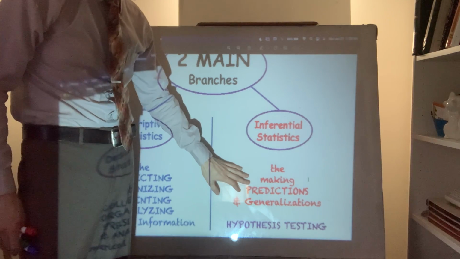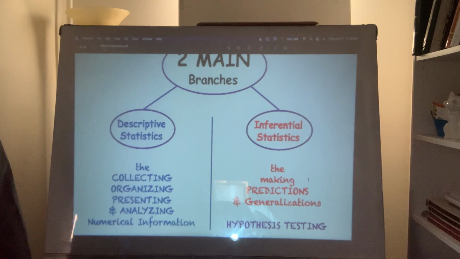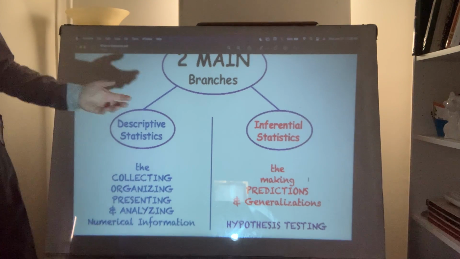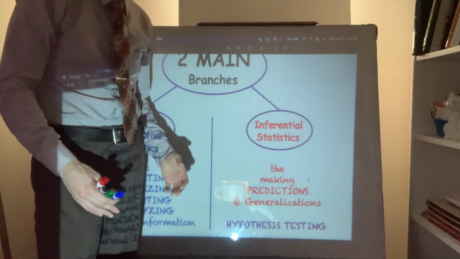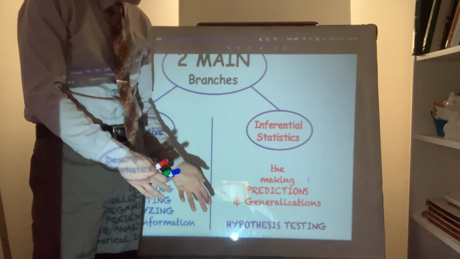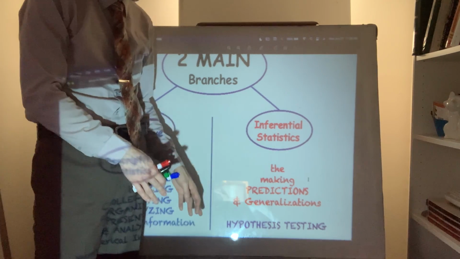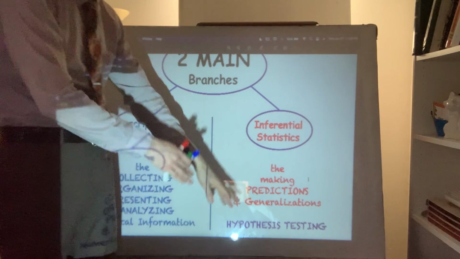Hypothesis testing. Remember, hypothesis from the scientific method. A hypothesis is a temporary answer to a question raised by some observation, right? And you design an experiment in the context of science to test your hypothesis.